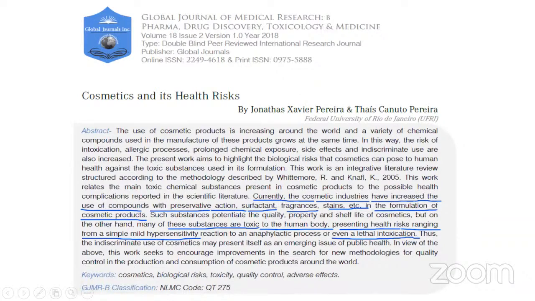So simply means that the woman may have preterm delivery. So the kind of hazards these cosmetic products can cause if the pregnant woman is using these products.